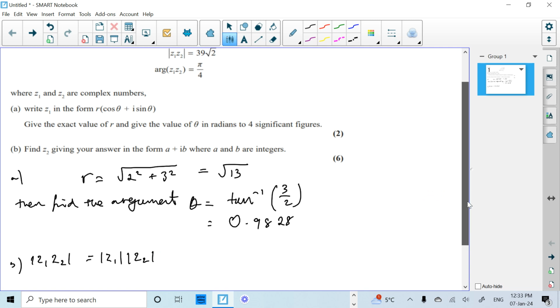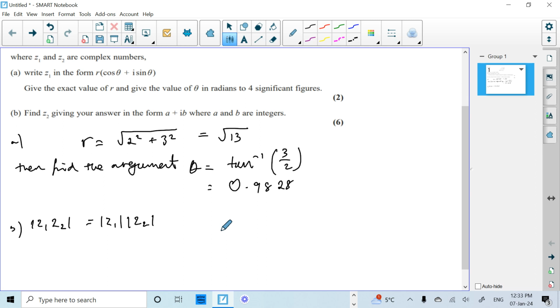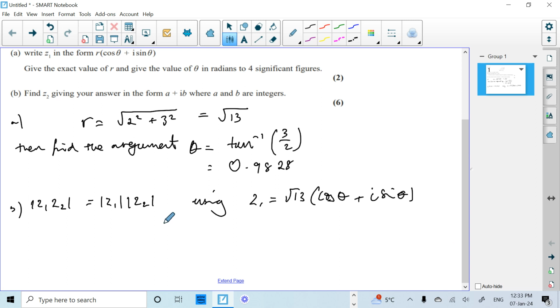So using z1 in the form r(cos theta plus i sin theta), where r is root 13, we substitute our value found of 0.9828 in there for theta.